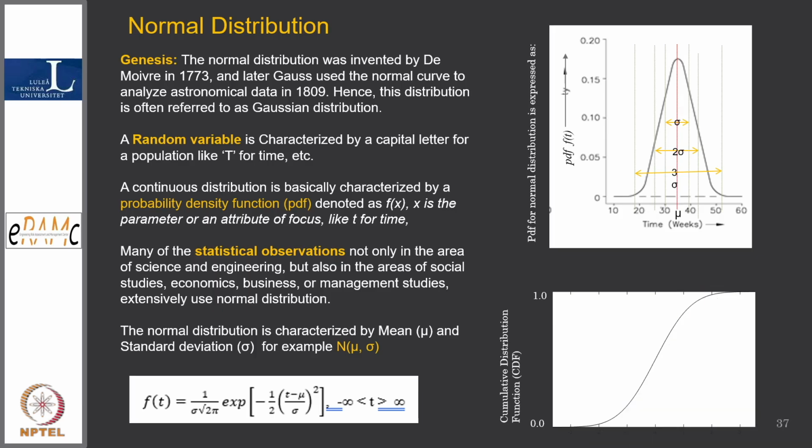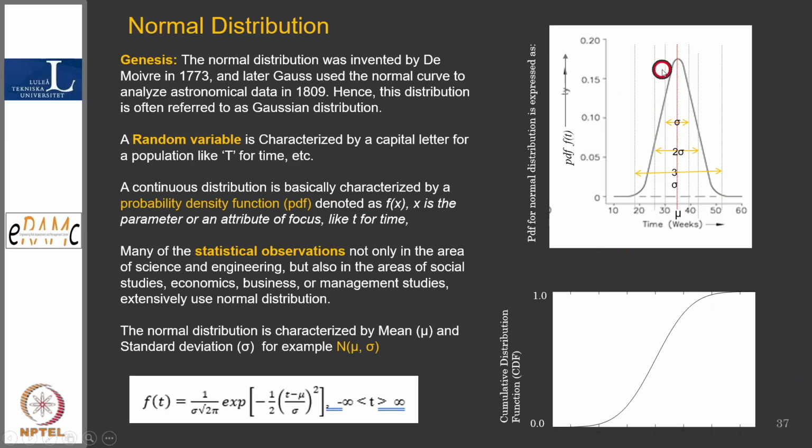So, the normal distribution. This distribution was discovered by de Moivre in 1773, who gave a curve for the astronomical data that it represented, and the distribution is also referred to as the Gaussian distribution. Typically, you can see it looks like this, and it has a sigma value.